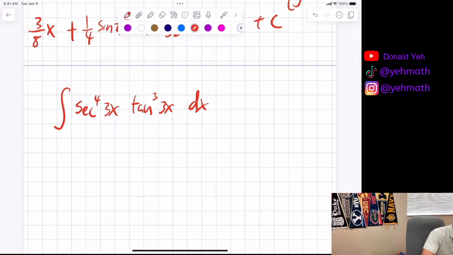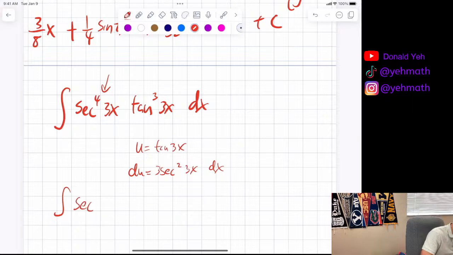All right, so you've got to see it a couple steps ahead, right? If u equals tan of 3x and du equals secant squared 3x times 3 dx, then you must split this up into secant squared of 3x times secant squared 3x times tangent cubed of 3x dx.